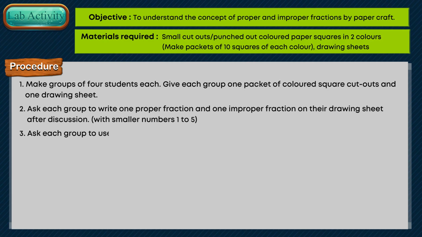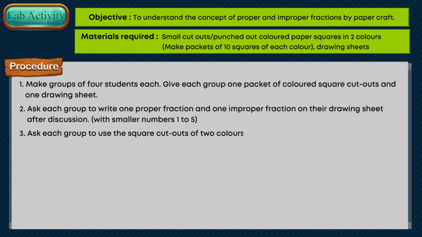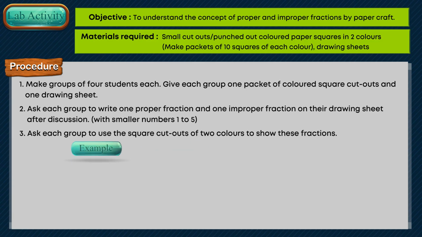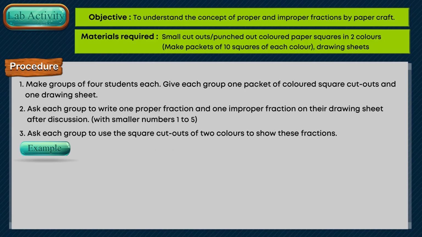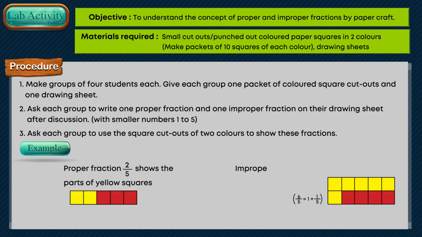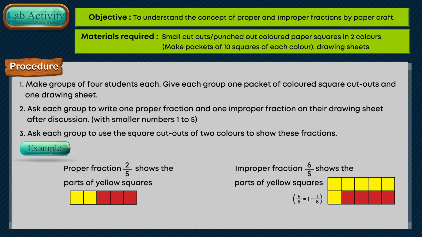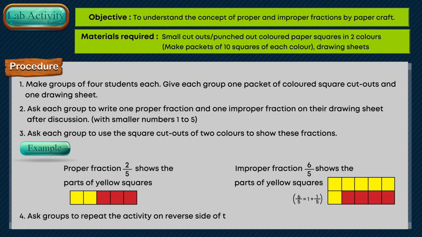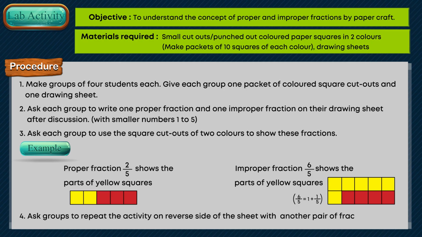Ask each group to use the square cutouts of 2 colors to show these fractions. For example, proper fraction: 2 by 5 shows the parts of yellow squares. Improper fraction: 6 by 5 shows the parts of yellow squares. 4. Ask groups to repeat the activity on the reverse side of the sheet with another pair of fractions.